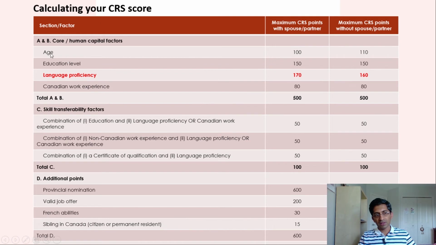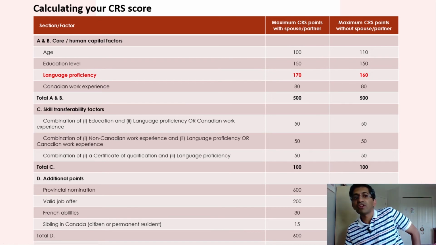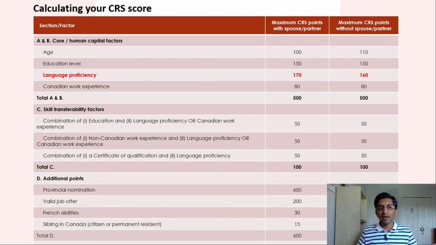There are some factors which you can change. Age and education level cannot be changed. If you have a high level degree, like a master's or a doctorate, you have a very high score. The sooner you apply, when you are young, you have a very high score, that is basically until around 25 or 26 years. And the only thing that you can change is the language proficiency.